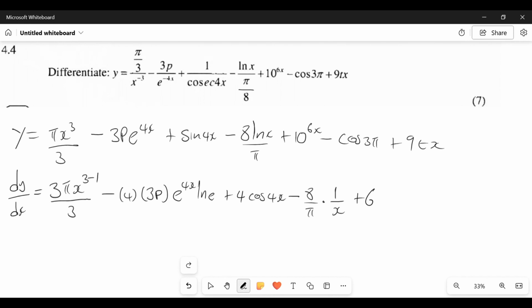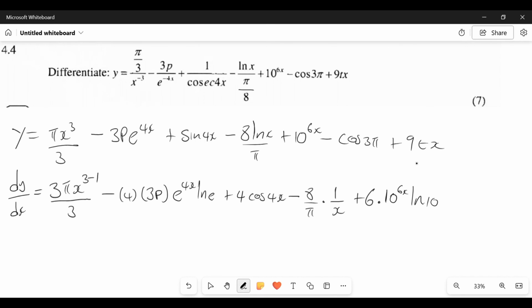So we multiply by the coefficient of x, which is 6 there, multiply by 10 to the power of 6x, and then we introduce ln, and then our base there is 10. Guys, never multiply this 6 with that 10, because the 10 is actually the base, while the 6 is a coefficient of x. That is a common mistake people make.